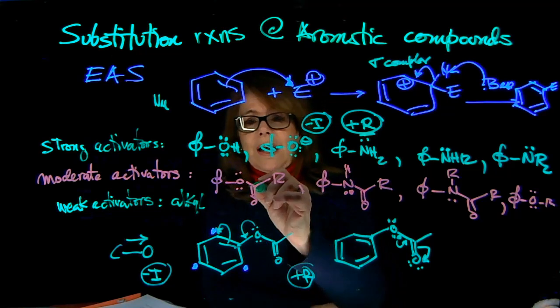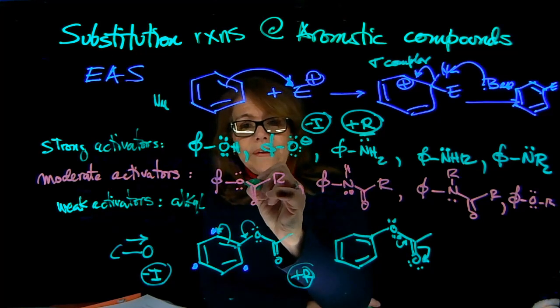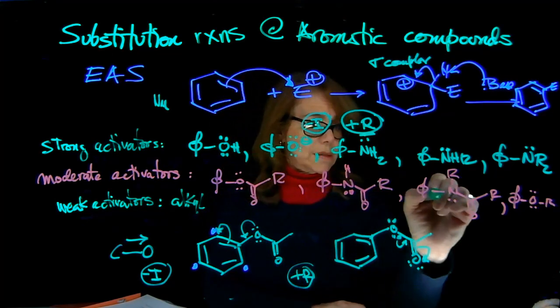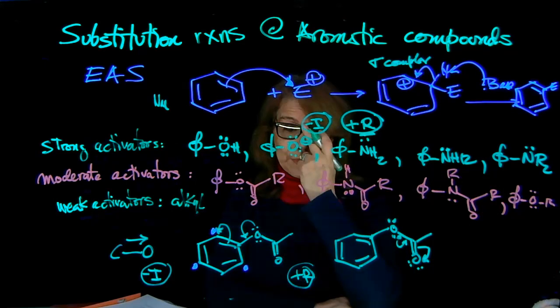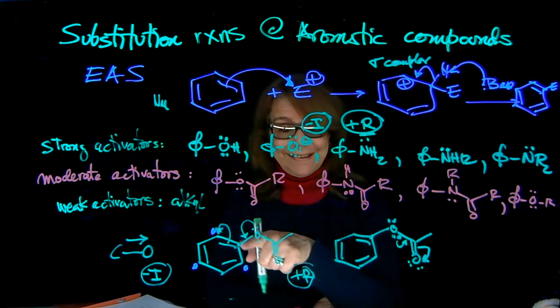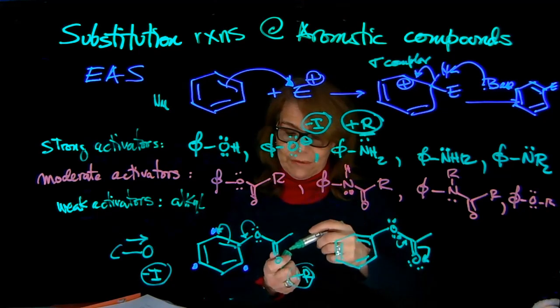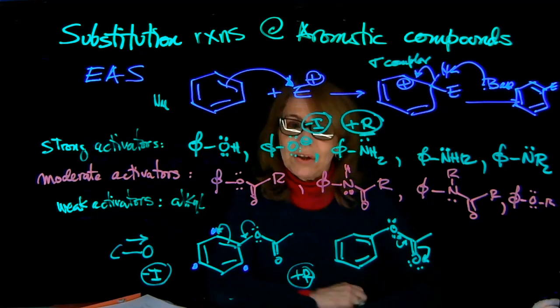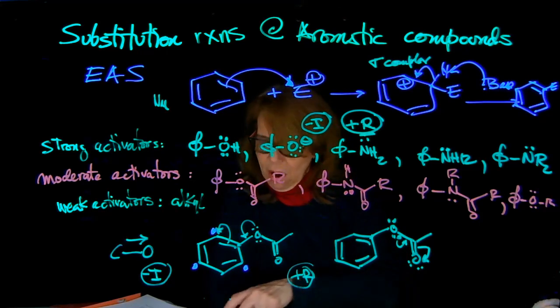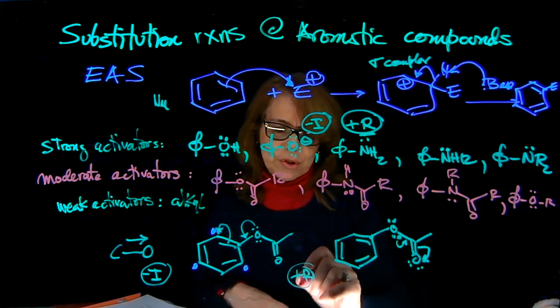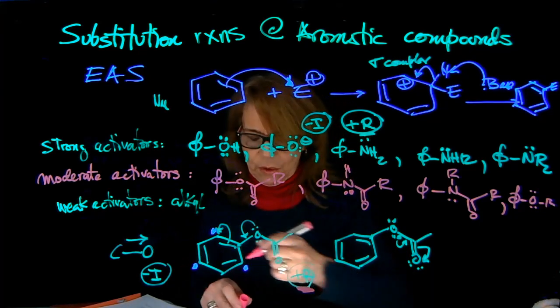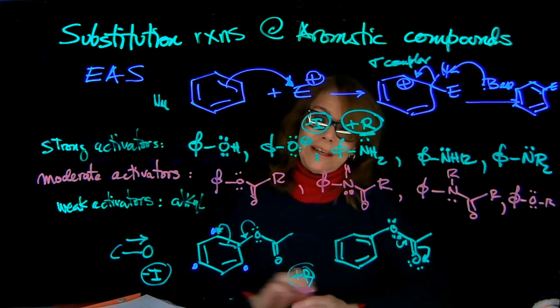So all of these have an atom with lone pairs attached directly to the ring, so you can do this, and they are activators, but not as strong because you have the contribution of that other effect. But still, the plus R effect, so donors by resonance, is predominant over the minus I, the electron withdrawing effect.